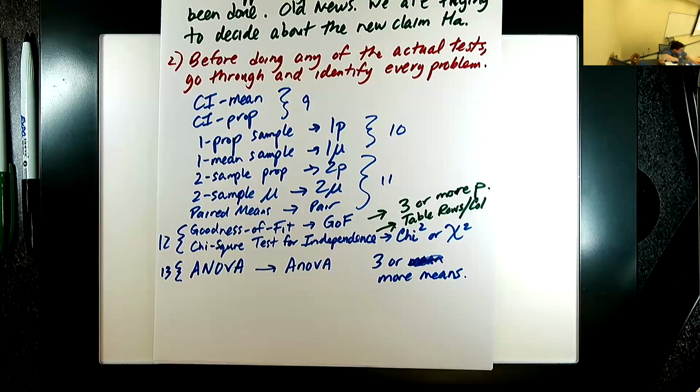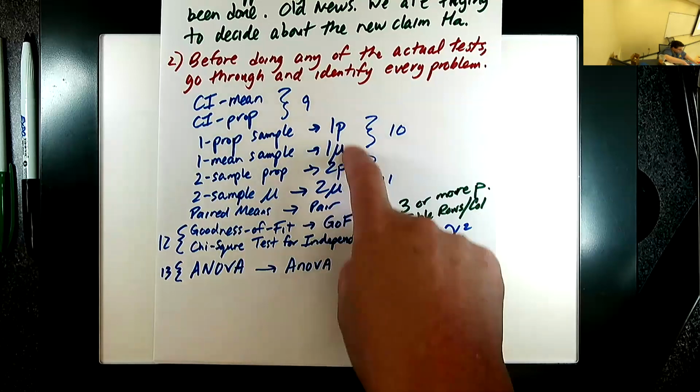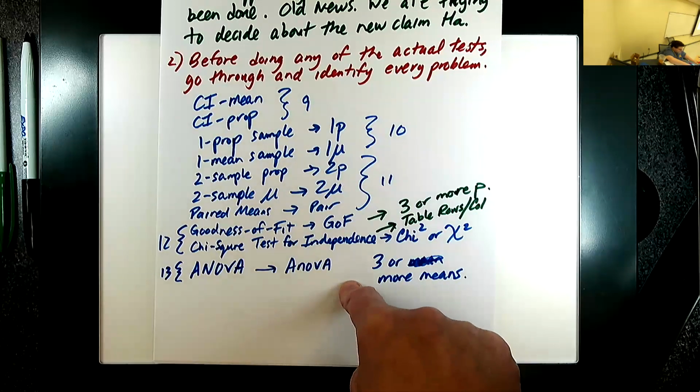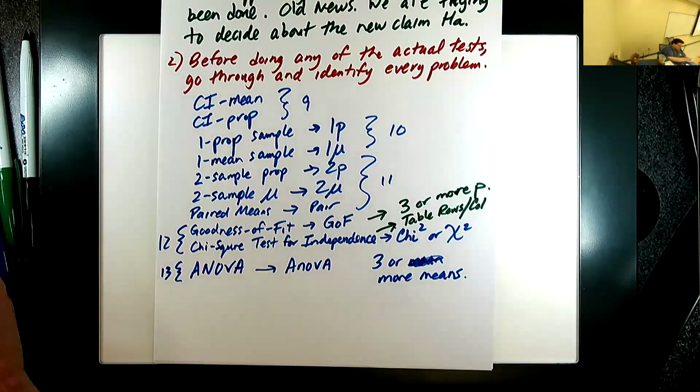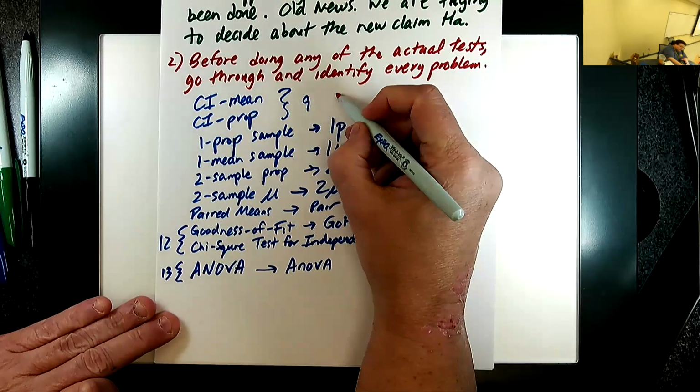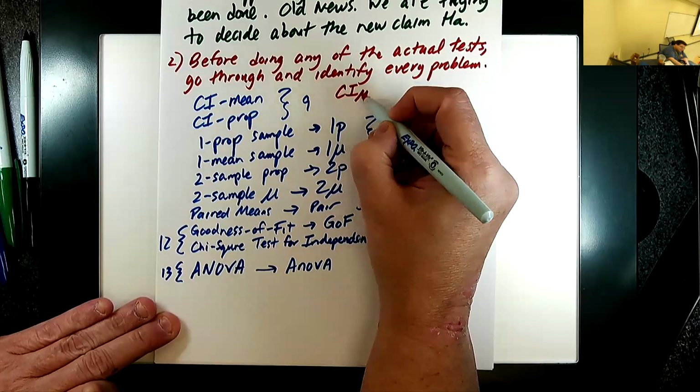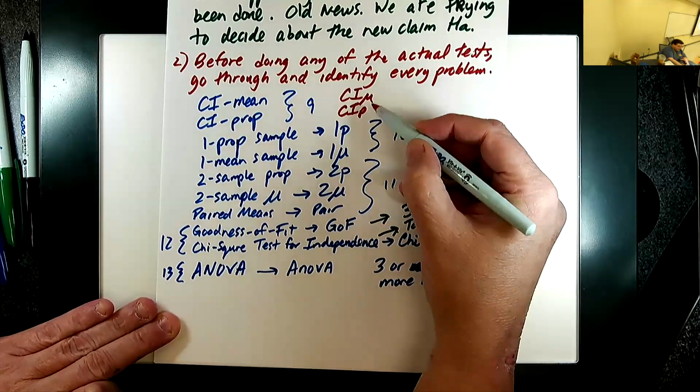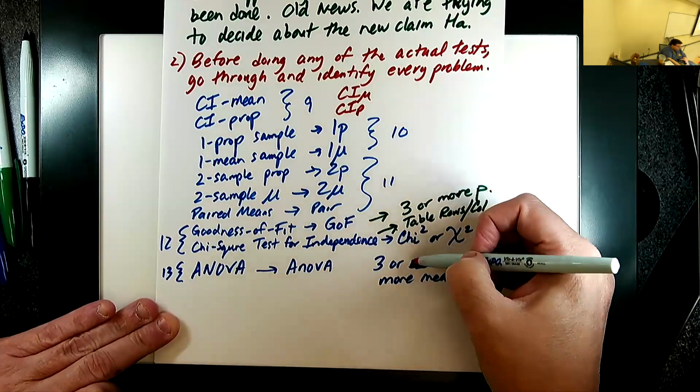So maybe at the top of the page next to your name, write down the abbreviations of these. Do like CI, maybe CI mu and CIP, and then these.